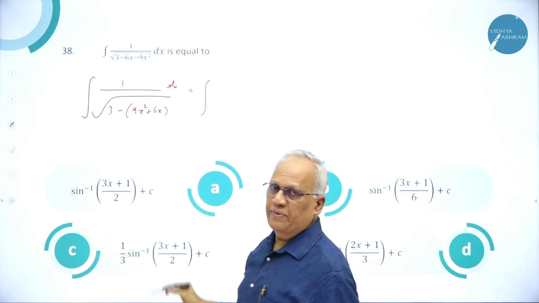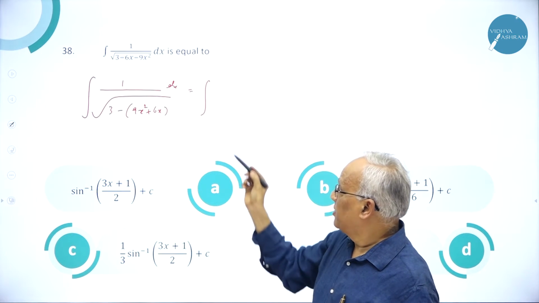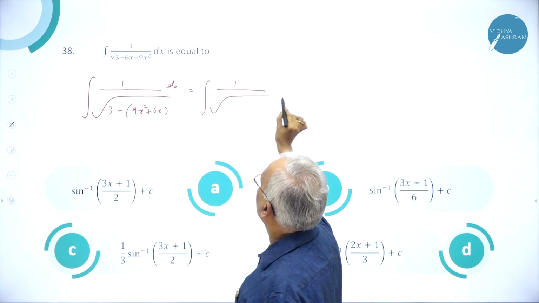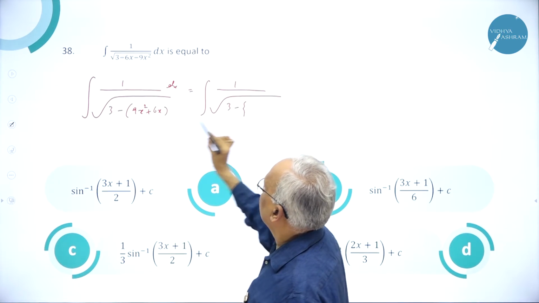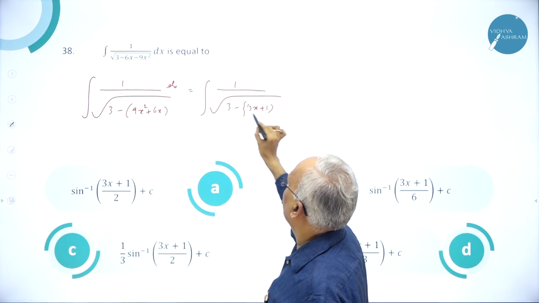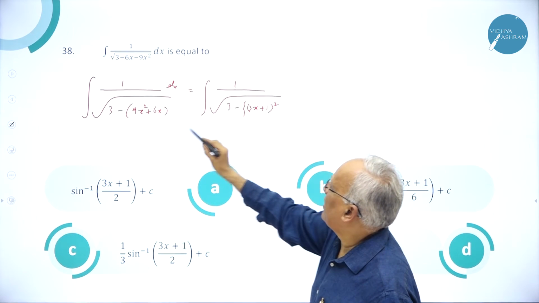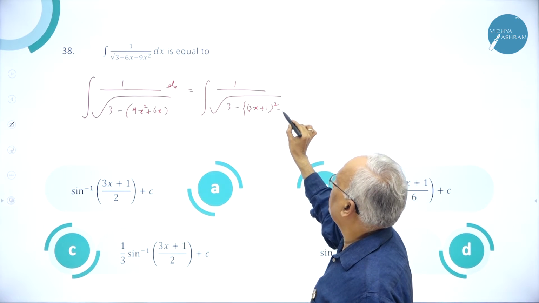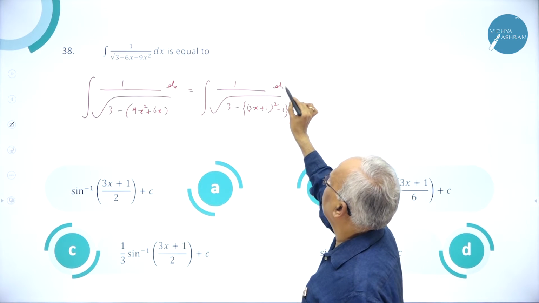If you know the formulas for a plus b whole squared and a minus b whole squared, you can do this fast. 1 over square root of 3 minus, this can be written as (3x plus 1) whole squared. Expanding, you get 9x squared plus 2 into 3x into 1, which is 6x, plus 1. That 1 you have to compensate by subtracting 1.